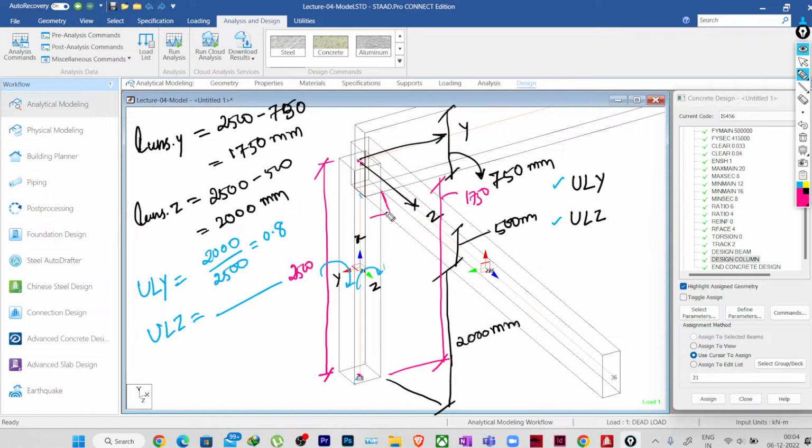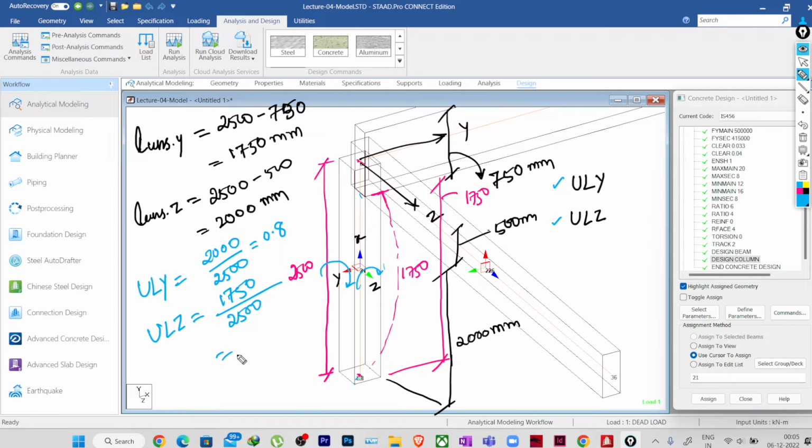There will be some more distance as we find the effective length, but for now we are considering that it will be like this, as we have restrained up to here. Obviously it will not happen like this, it will start bending a bit inside, so we will get some more length. That's why we calculate the effective length, which I have already explained in the column design manual regulation, right? So here the effective unsupported length will be 1750. So ULZ will be 1750 divided by 2500. So how much will it be?